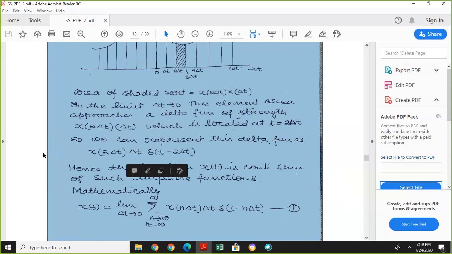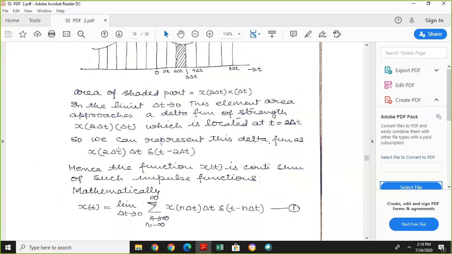So we can represent this delta function as x of 2 del t multiplied by del t, delta function of t minus 2 del t. This delta function is a shifted version, and the shifted version is written as t minus 2 del t, and this is its strength.